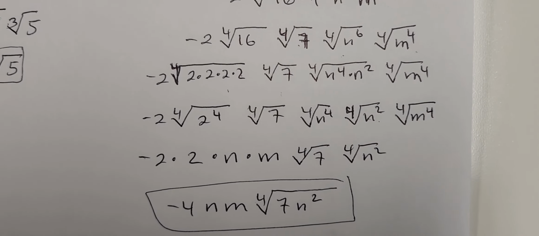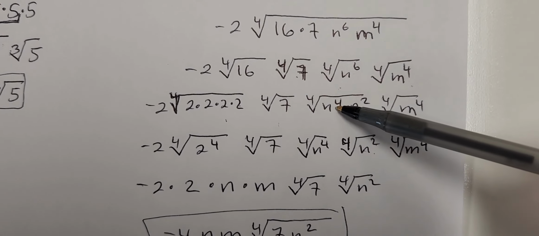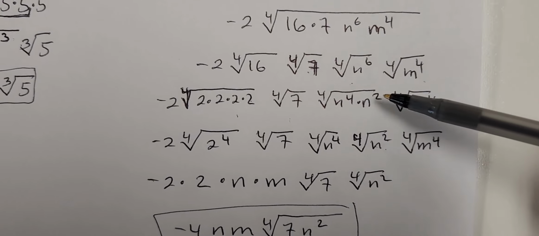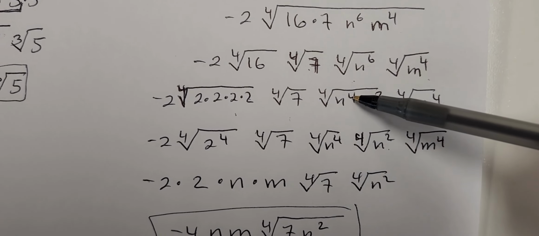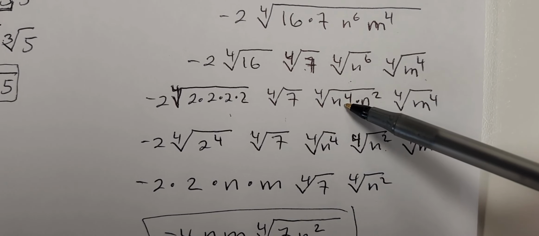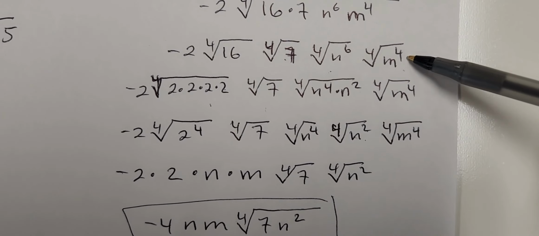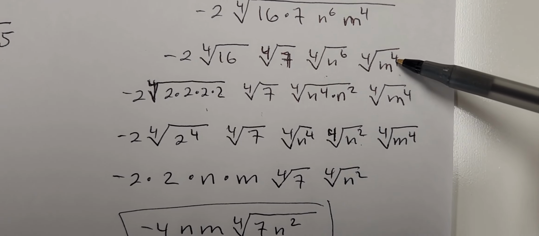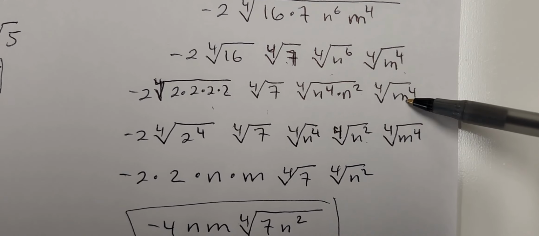Why do I need to break it up into 4? Because this 4 right here can cancel out. The m is already the way it is, because the inside is already a 4 and the outside is also a 4, so we leave it alone.